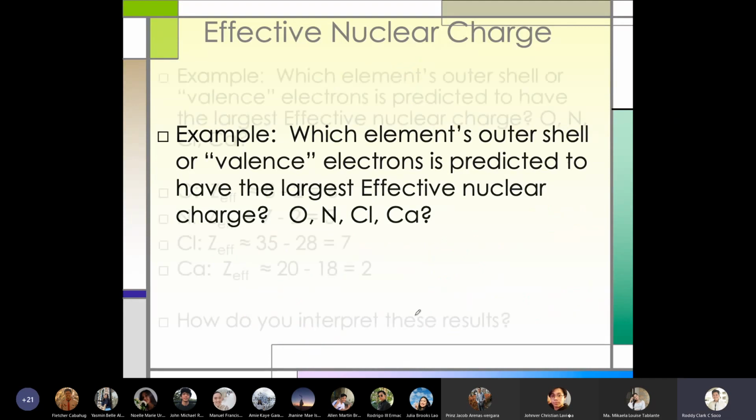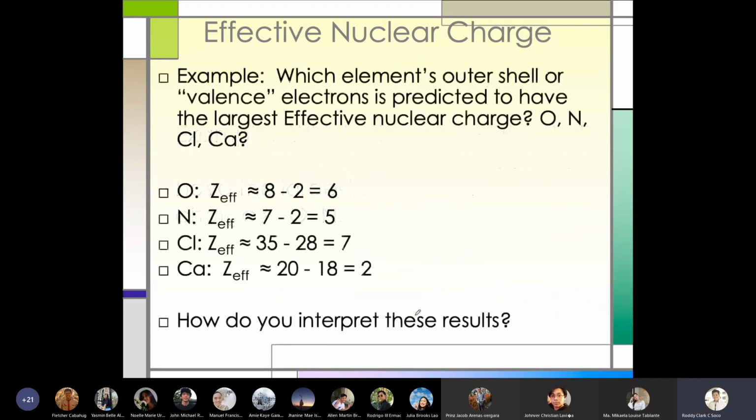So here are the answers for the rest of the items. Oxygen, you have 6. Nitrogen, you have 5. Chlorine, you have 7. And calcium, you have 2. Okay. So how do you interpret these results? The effective nuclear charge is the charge experienced by an electron at the outermost level.